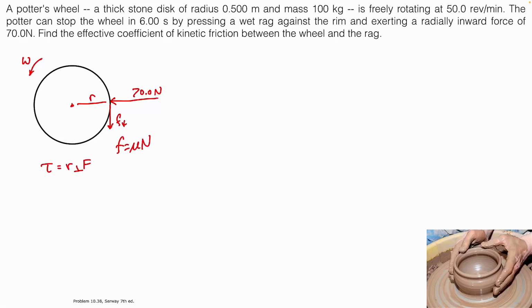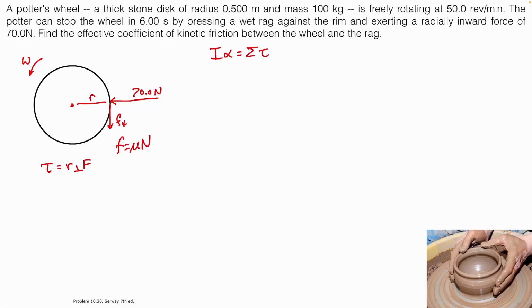I've also been given time, which is starting to make me really scared, because that usually means kinematics, right? So as an example of a plan of attack, let's use Newton's second law, get that down on paper and see where it can take us.